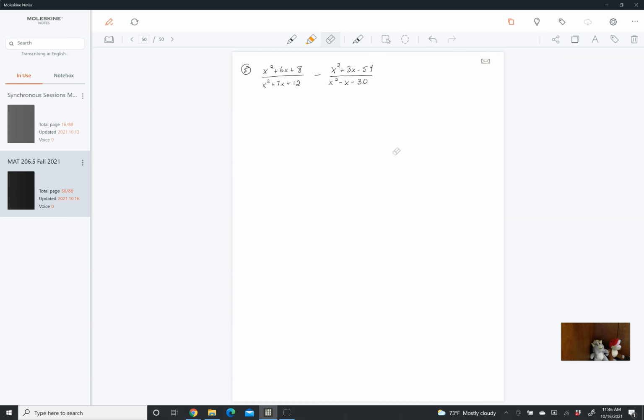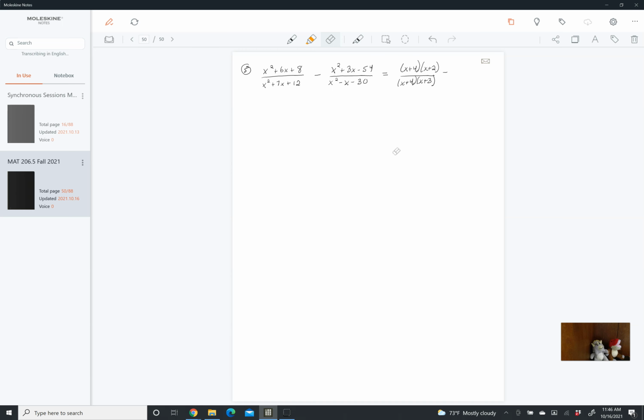And when you factor, x squared plus 6x plus 8 factors to x plus 4 times x plus 2. You have to factor the denominator. The denominator factors to x plus 4 times x plus 3.